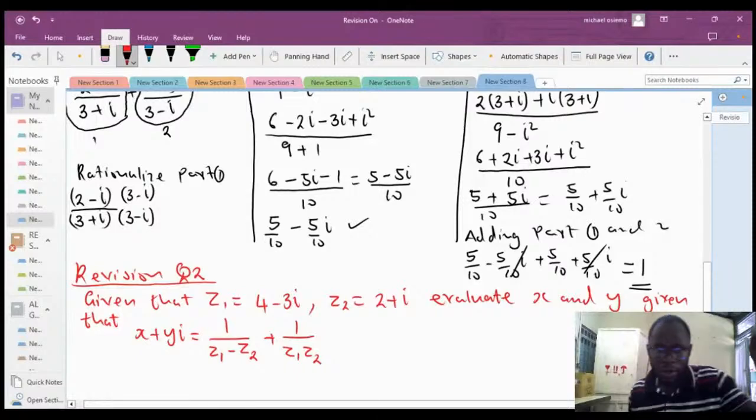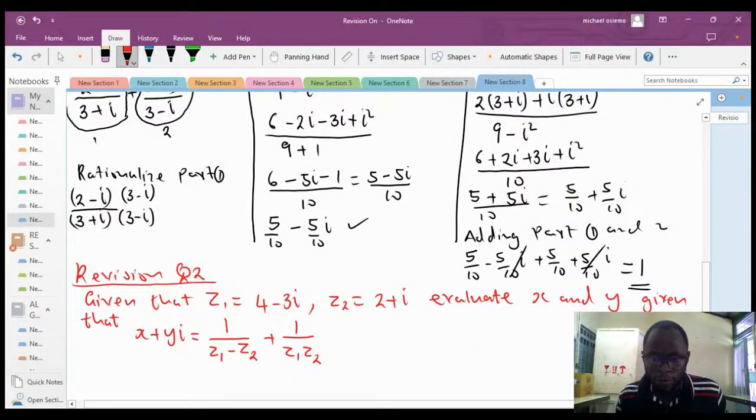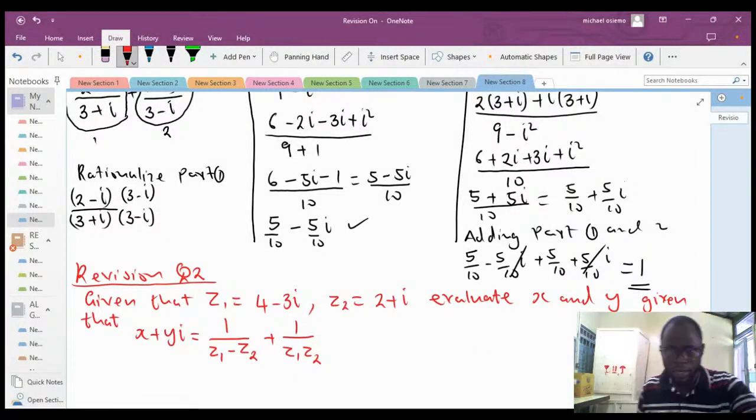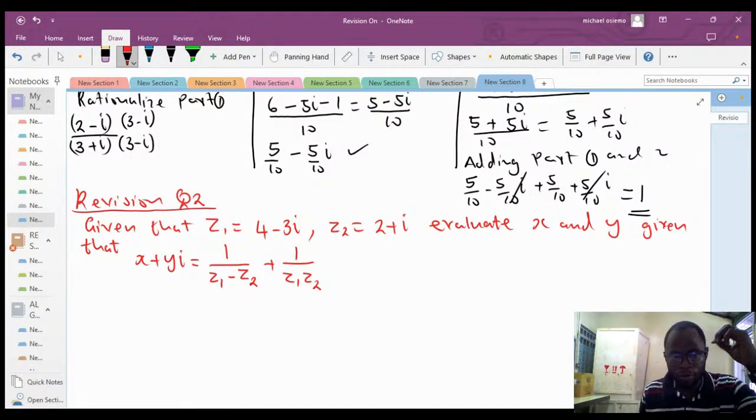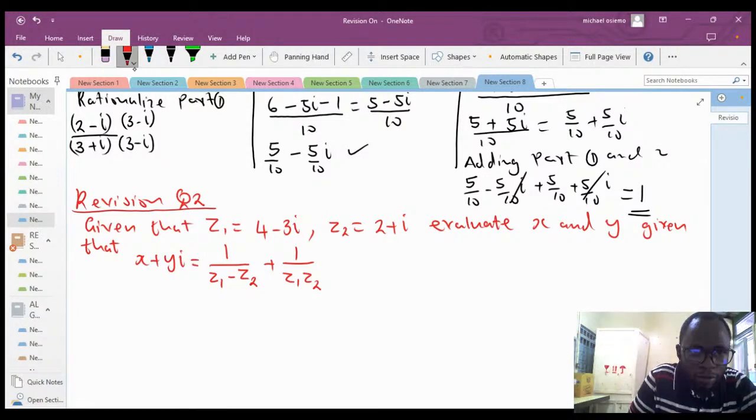So here we are required to solve for x and y. In this case, it means that you need to know how to do the subtraction of two complex numbers and multiplication of two complex numbers. So let us go to solution.